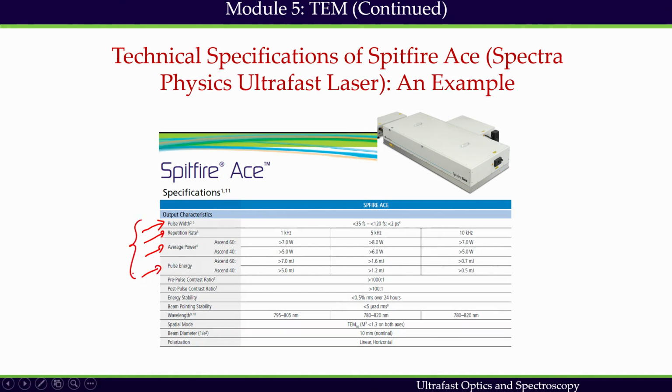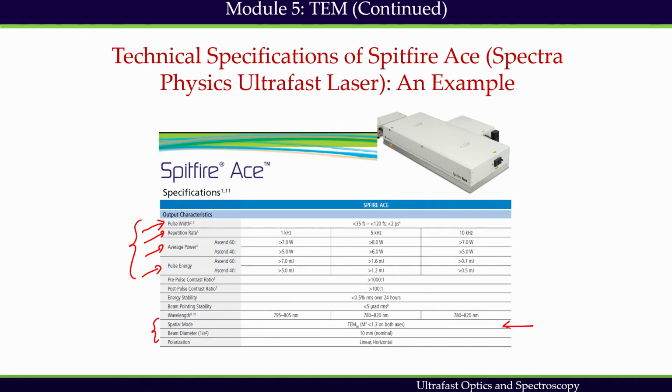Already we are familiar with these features of the ultrafast laser system. Now, based on the present module, we can also understand two additional features of the femtosecond laser beam.